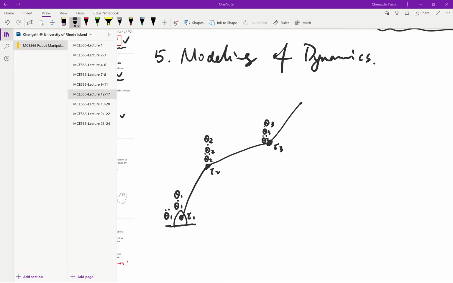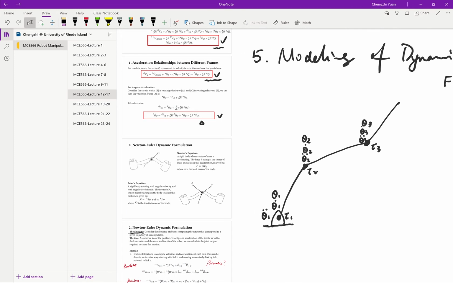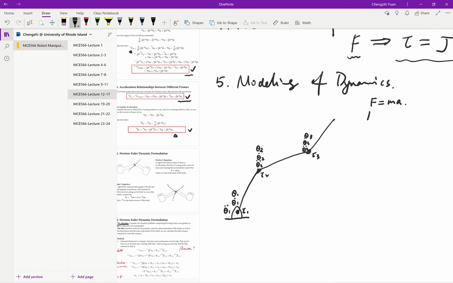We are going to use, for example, Newton's second law, F equals ma, and also Euler's formula, which is given here: all the external moments summing up together will equal the inertia of the body times the angular acceleration, plus the angular velocity cross product with the inertia times the angular velocity.